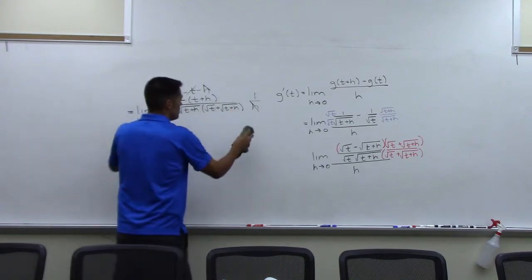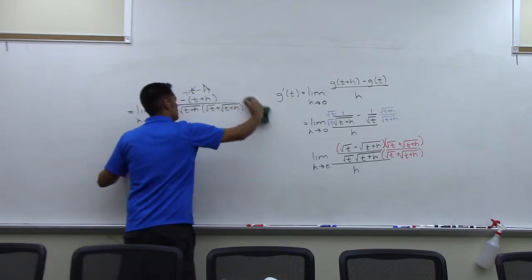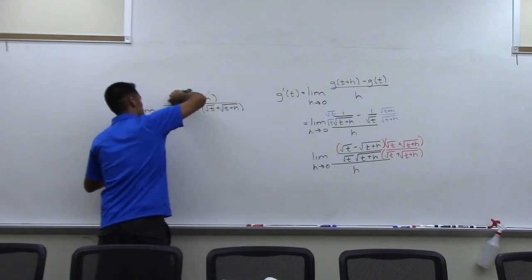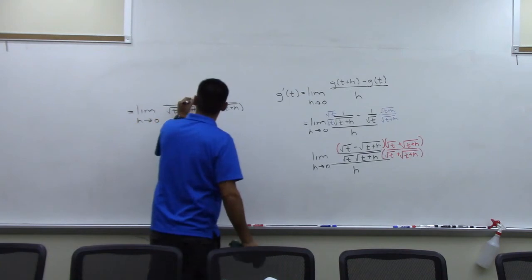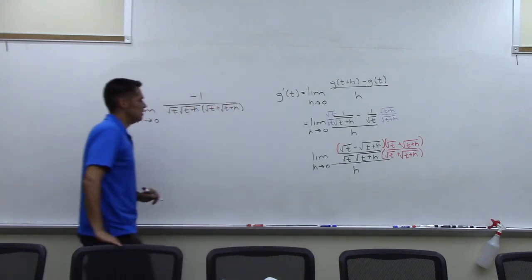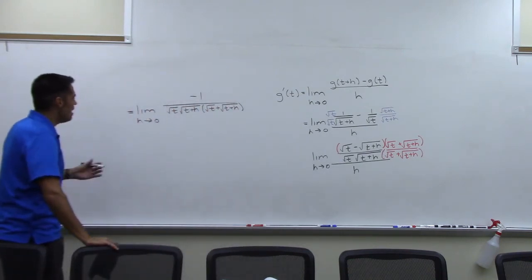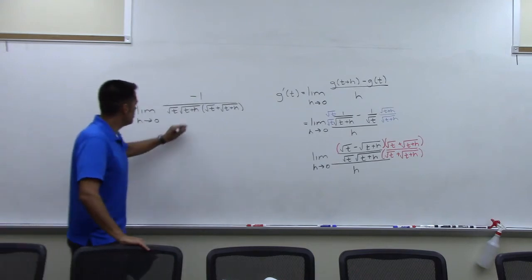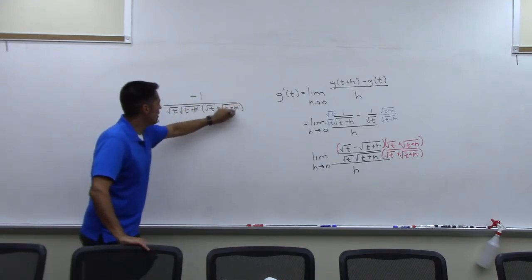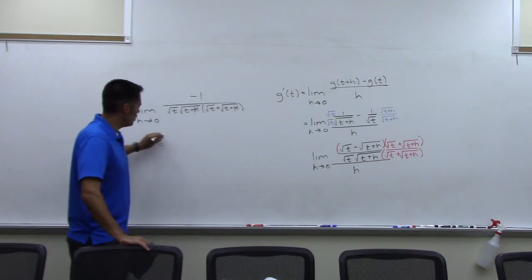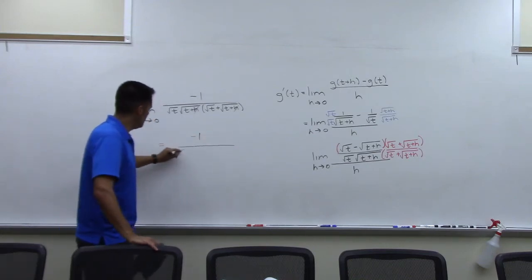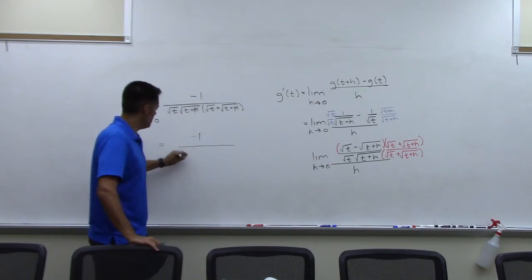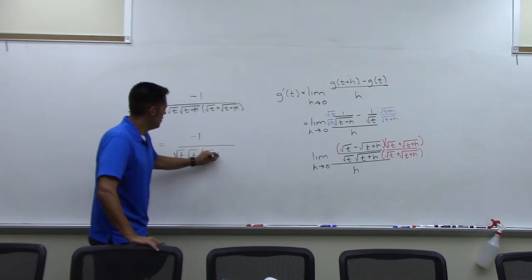So once you do all this cancellation, this will just be negative 1. Just saving myself some time by erasing. And now I let h go to 0. So if h goes to 0, that goes away, and that goes away, and I'm left with no more limit, negative 1 over root t times root t again, times, in parentheses, root t plus root t.